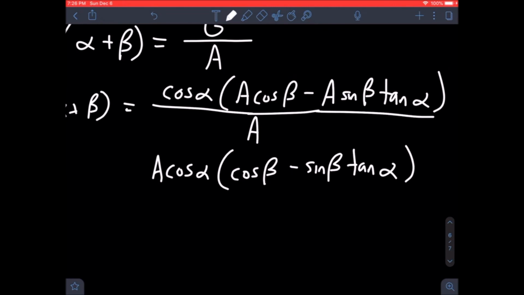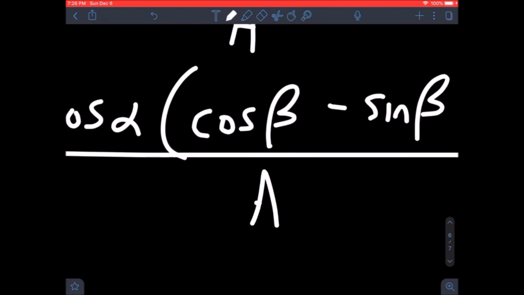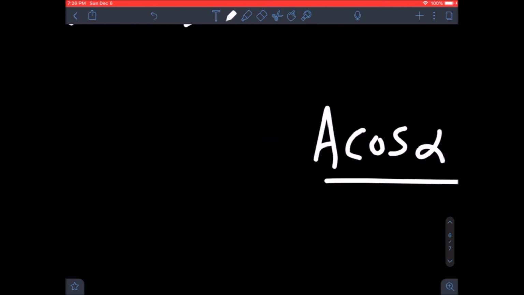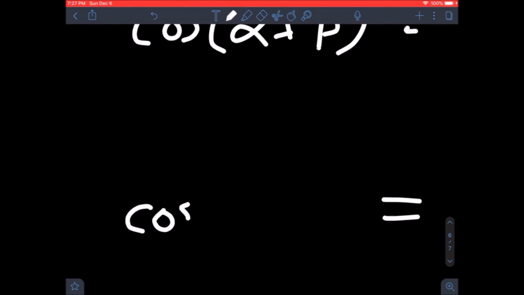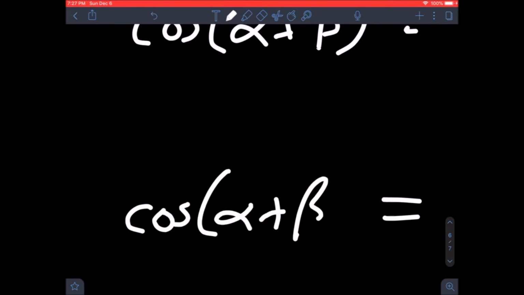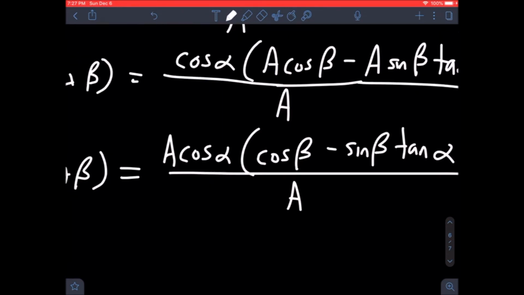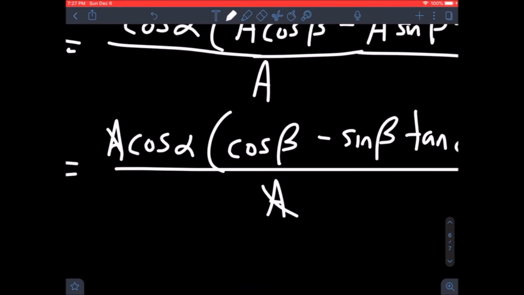And this is all divided by A, which is equal to the cosine of alpha plus beta. Notice how A cancels out.